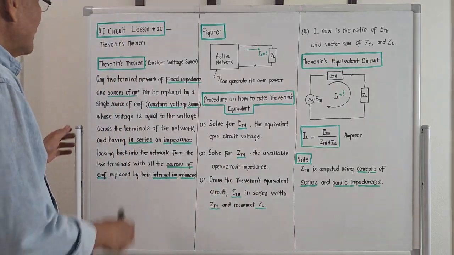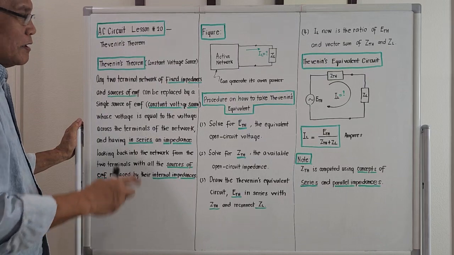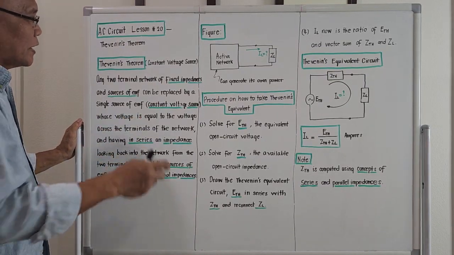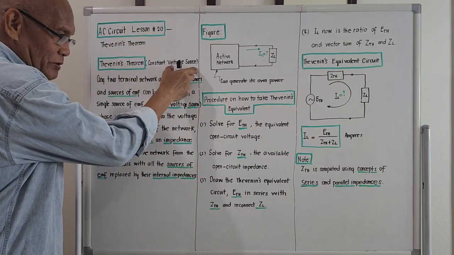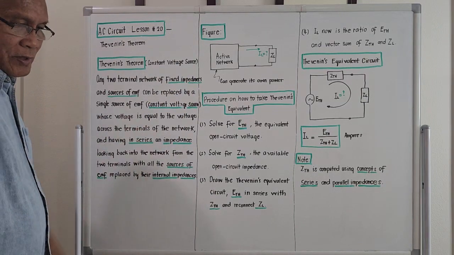Thevenin's theorem is termed as the so-called constant voltage source. I will try to read it.